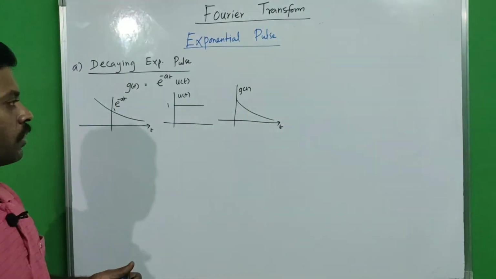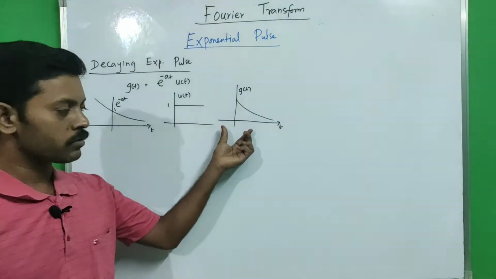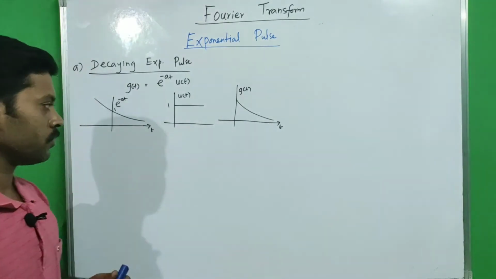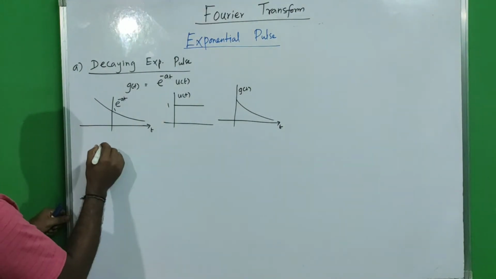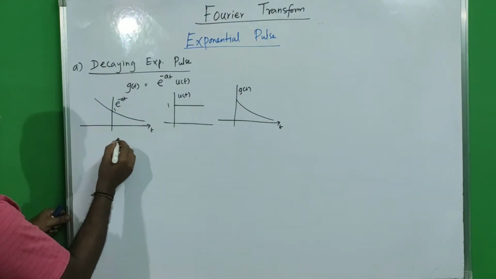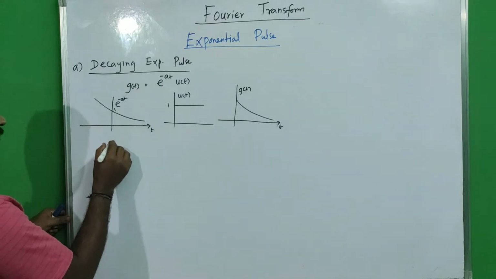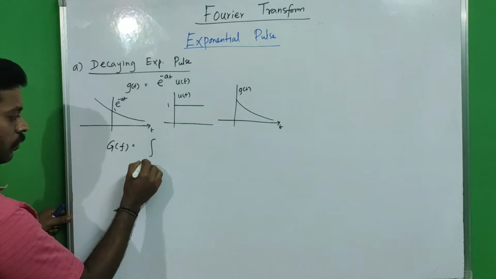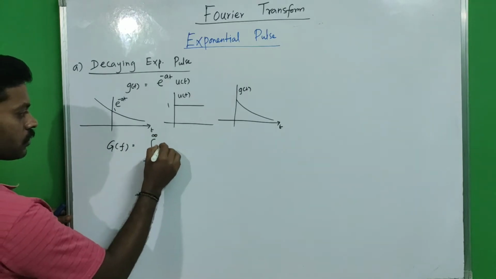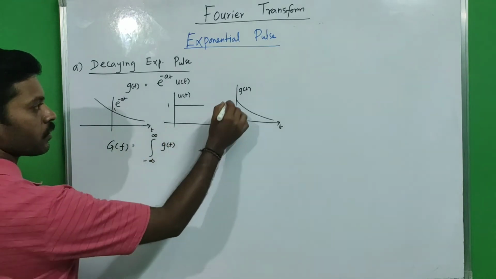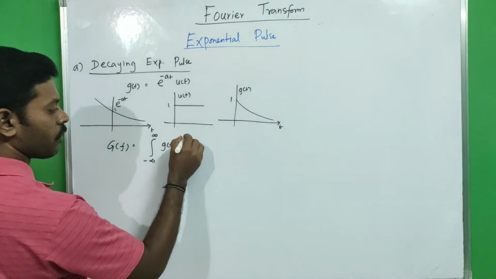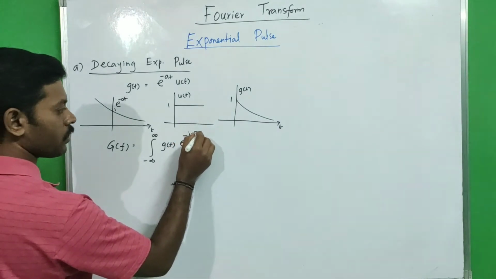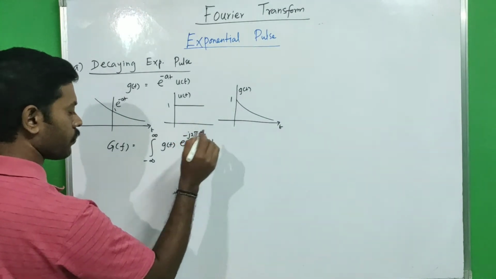Now we are going to find the Fourier transform for this decaying exponential pulse. We know the formula to find the Fourier transform: G of f equal to integral from minus infinity to plus infinity of g of t e power of minus j 2 pi f t dt.